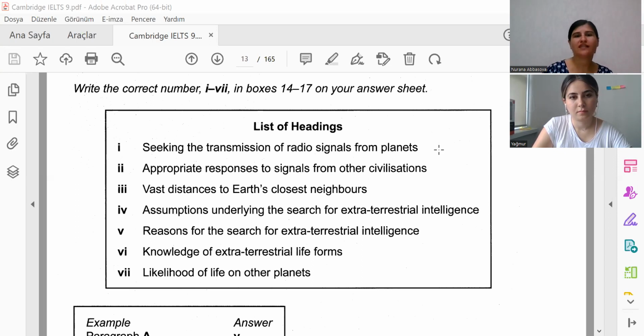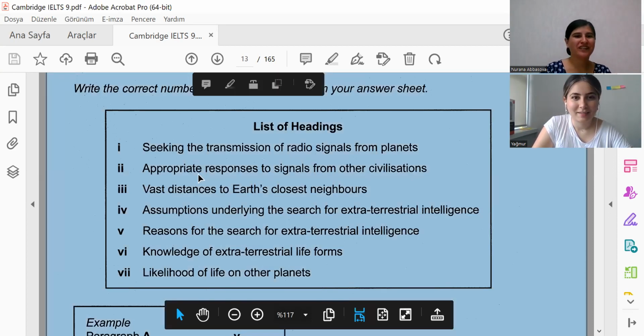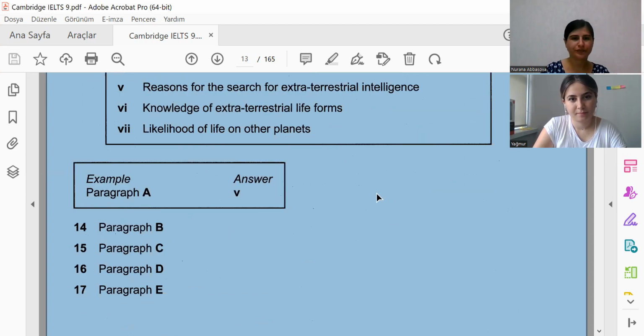In order to do this kind of questions, the first step is to know this part, small things. They are Roman numbers. I hope you know them. Sometimes students don't know them, and I understand. They are the titles of different paragraphs in your text.